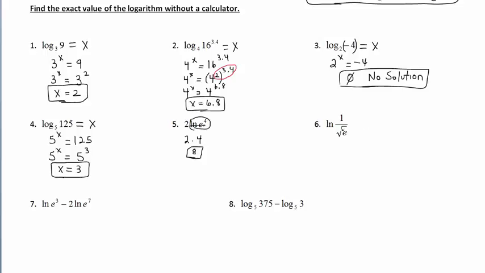All right, let's look at 6. I have a natural log and a natural exponential. The problem is the natural exponential isn't right next to the natural log to where I can do some canceling like it was here. So let's do a rewrite to get e right next to natural log. I know the square root of e can be rewritten as e to the 1/2.